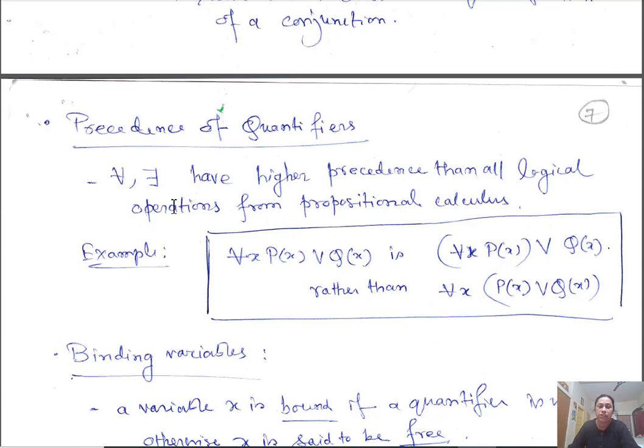So, precedence of quantifiers: for all and there exists have higher precedence over other logical operations from propositional calculus. For all x, P(x) or Q(x), this is the same as (for all x, P(x)) or Q(x). So the quantifier will be executed first, on for all x, P(x), and the or is executed later, since for all has higher precedence.